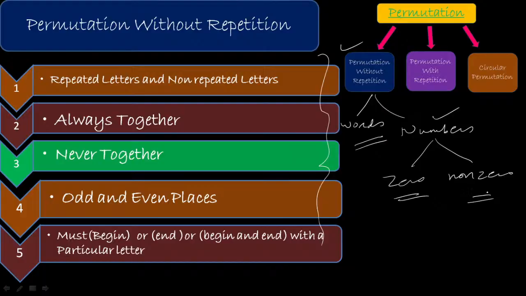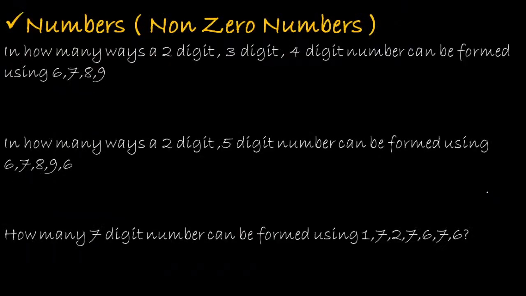Now in case of numbers in permutation without repetition, if it includes non-zero numbers, non-zero numbers means except 0. In how many ways can a 2 digit, 3 digit and 4 digit number be formed using 6, 7, 8, 9, that is the digits. So here you have 4 digits.